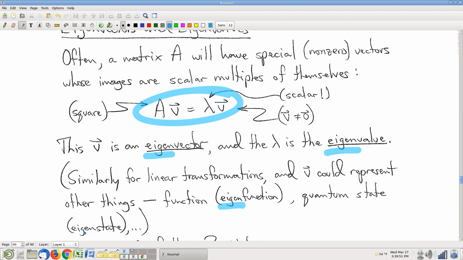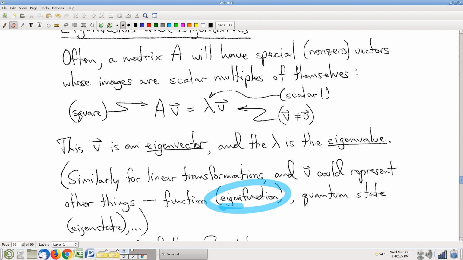An eigenstate is a quantum state that satisfies Schrodinger's equation, which actually looks a lot like that in certain circumstances. So you'll see in your future engineering work various constructions where you have eigen something.